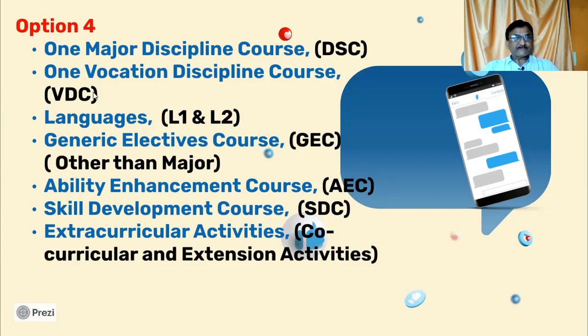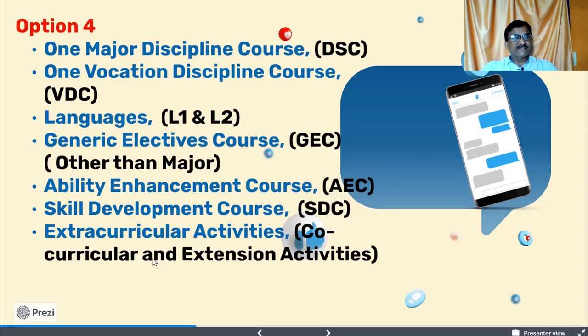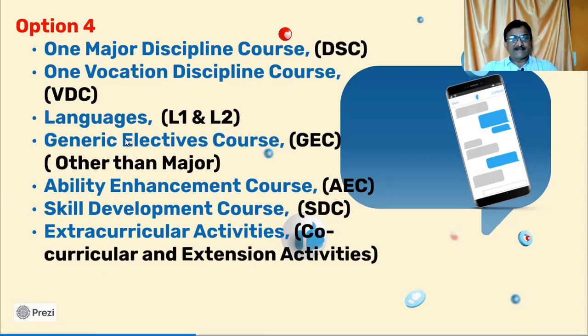One major discipline and one vocation discipline course, and the rest of the things, languages L1 and L2, generic elective courses other than the major, ability enhancement course, skill development course, and extracurricular activities, will be the same as we found in options 1, 2, and 3.